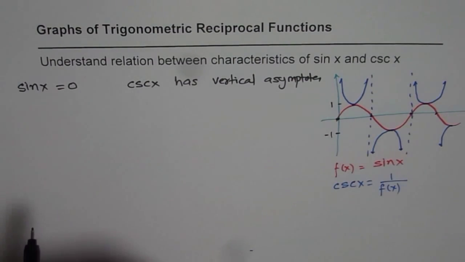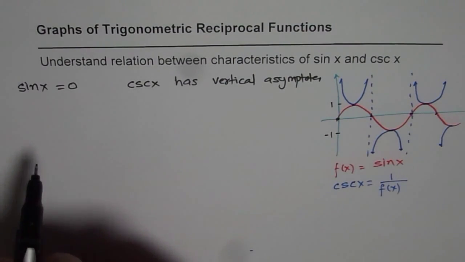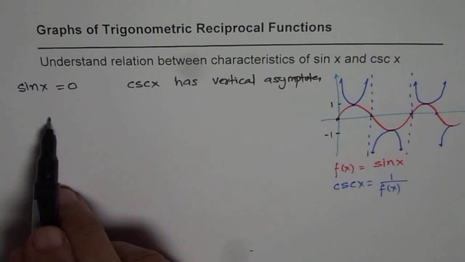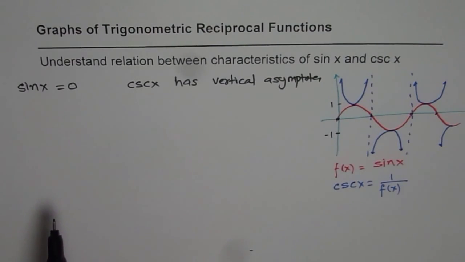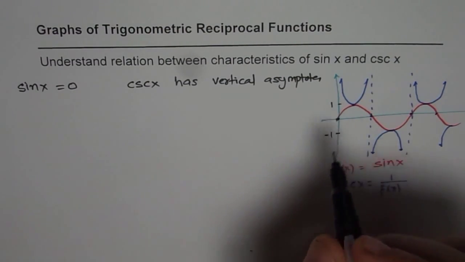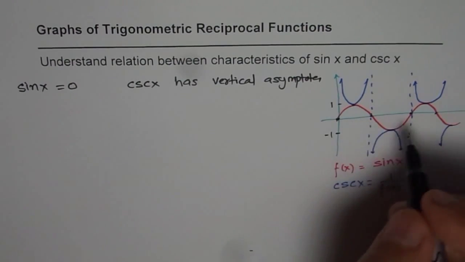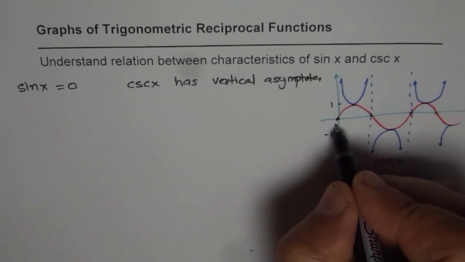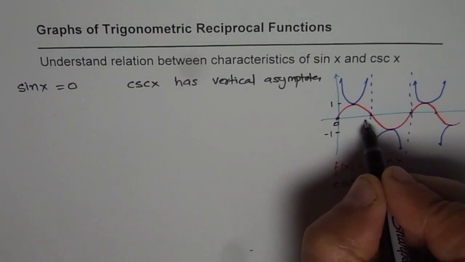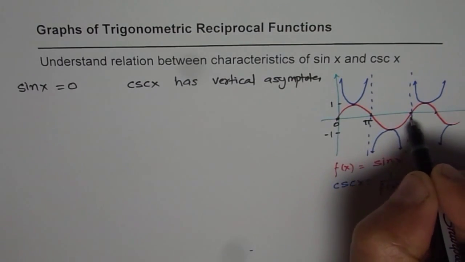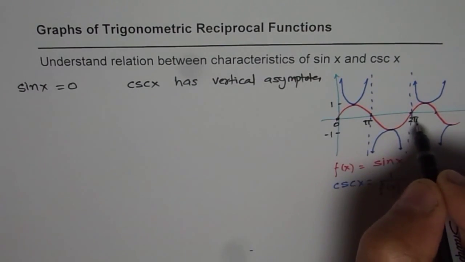That is one thing you observe. We will write characteristics of sine x on this side and cosecant x on the other side.